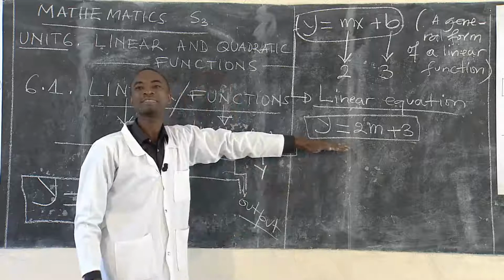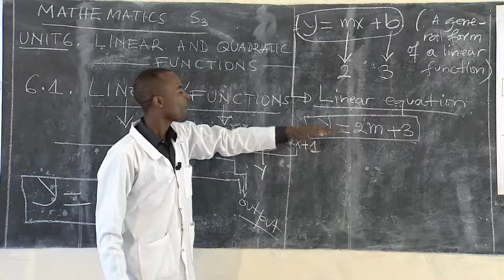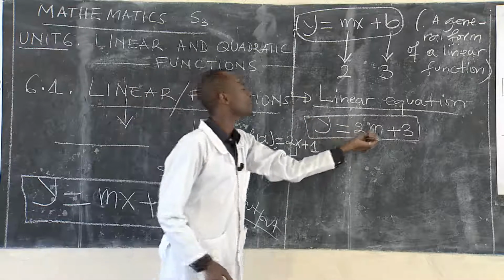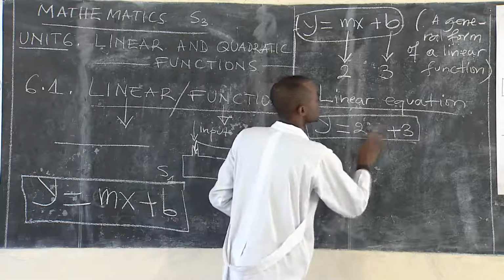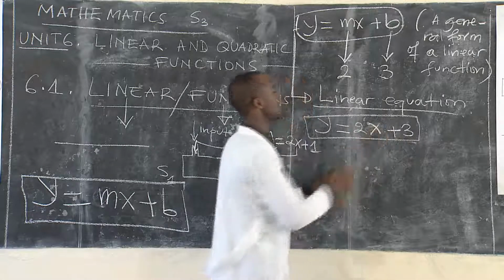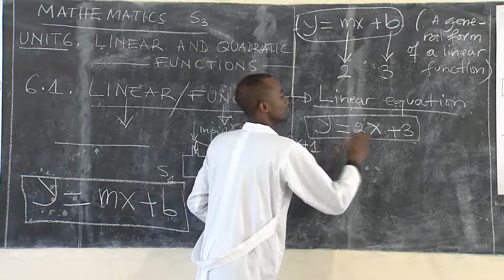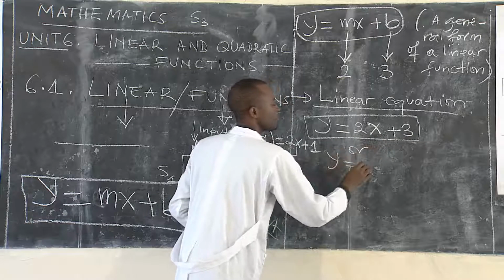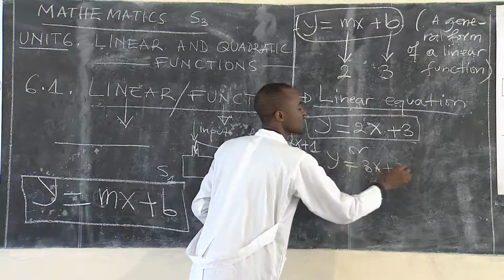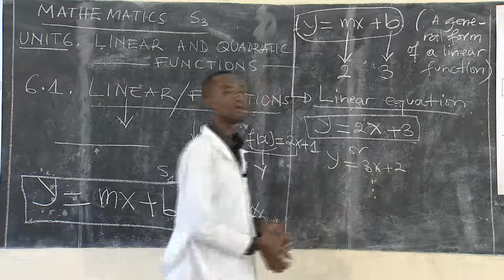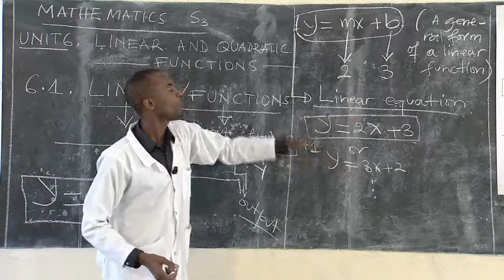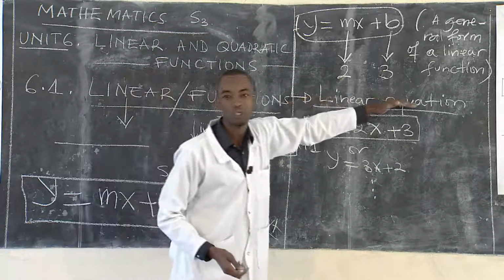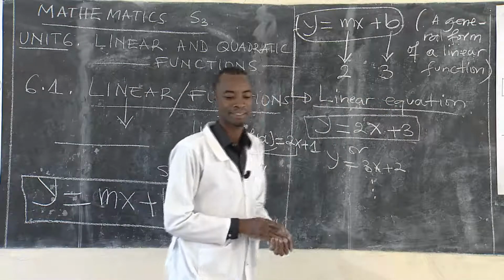So whenever you see written y equal to any value, like y = 2x + 3, or maybe y = 3x + 2, and so on, all these forms we call the linear equation. I think you get this.